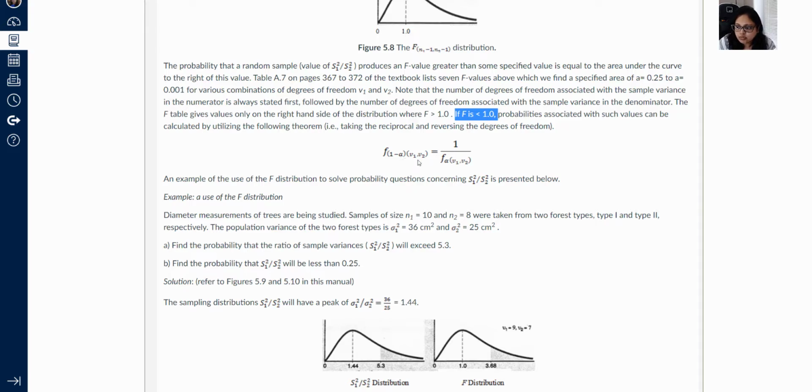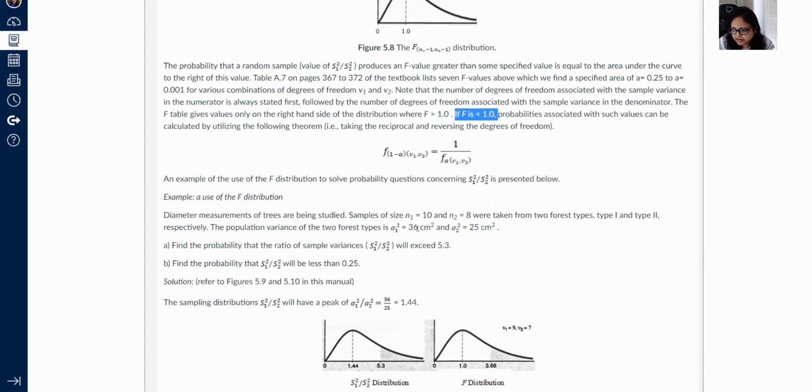If you need the opposite, you have to use the reciprocal value. If you take the reciprocal of the value you got, then you will find the other area. Let me show you in an example.